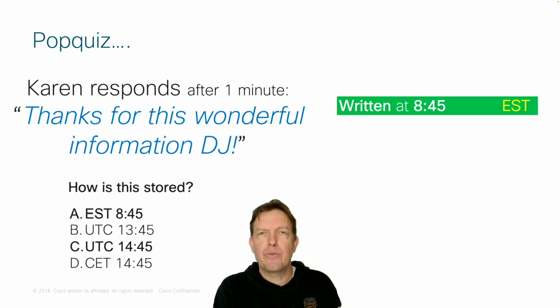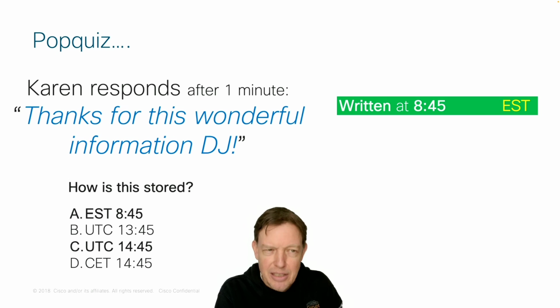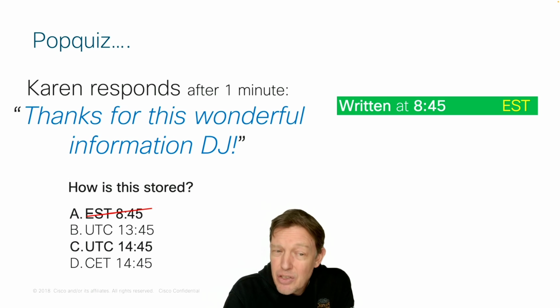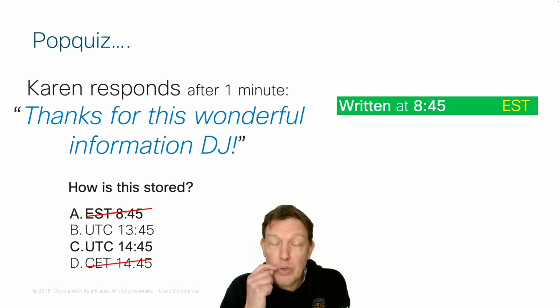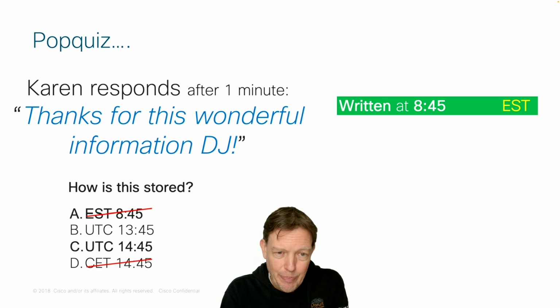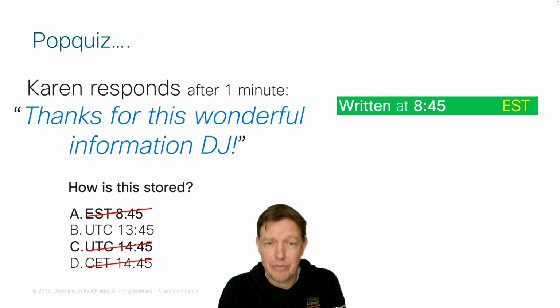Quiz. Karen responds after exactly 1 minute and says, "Thanks for this wonderful information." So how is this stored? Well, I can tell you it's not stored as A or D. Why? Because we store information in UTC. We don't store it as a time zone. And it's not 2:45, but 1:45, right?